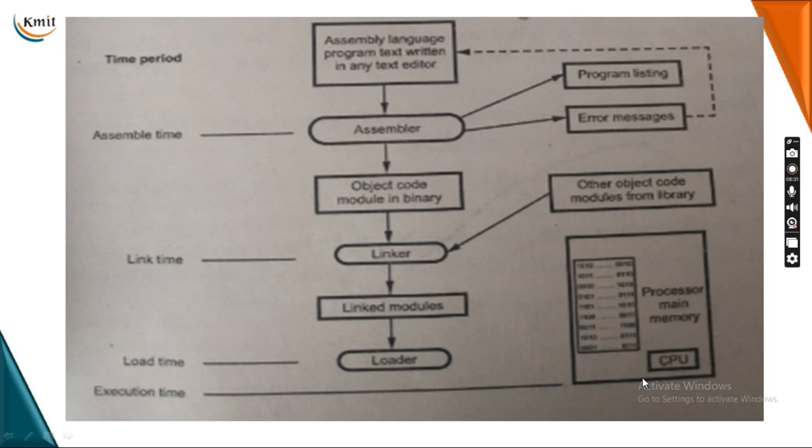The processor emulates the output to the user. These are the steps by which an assembly language program is executed by the 8086 microprocessor.